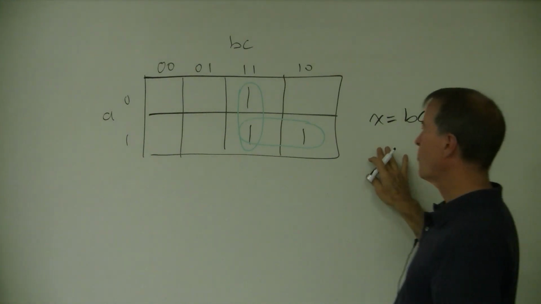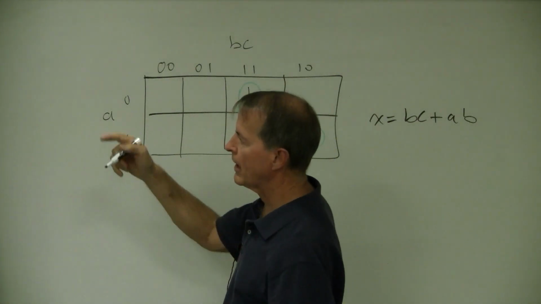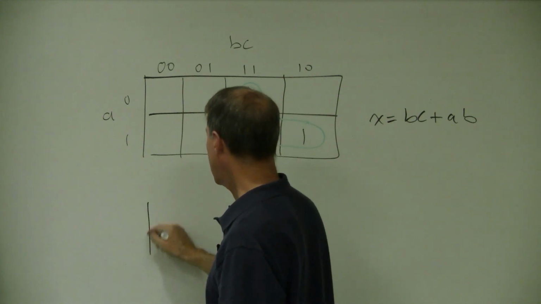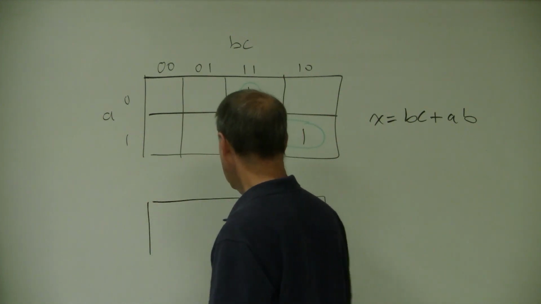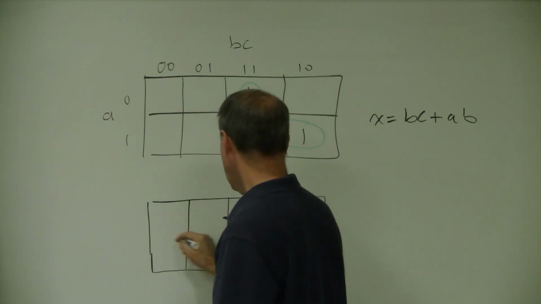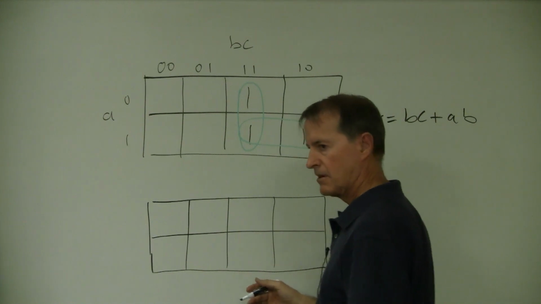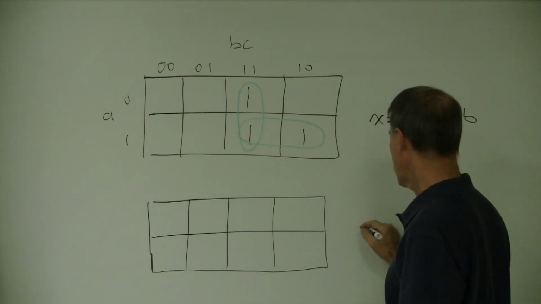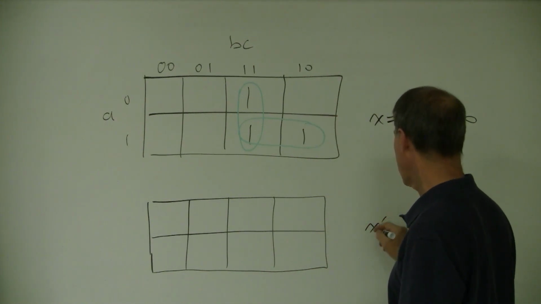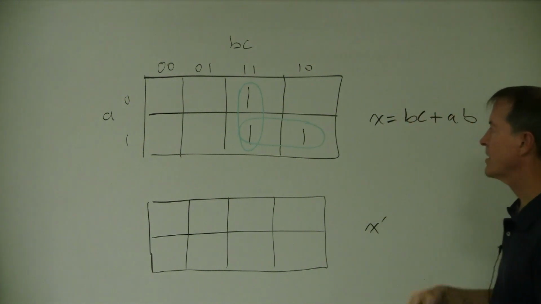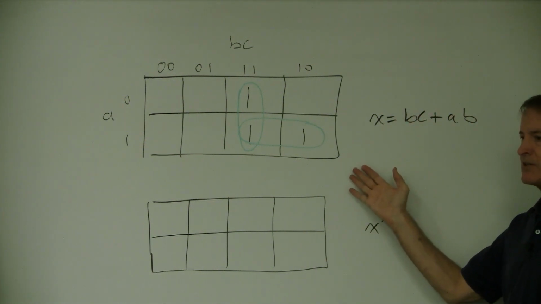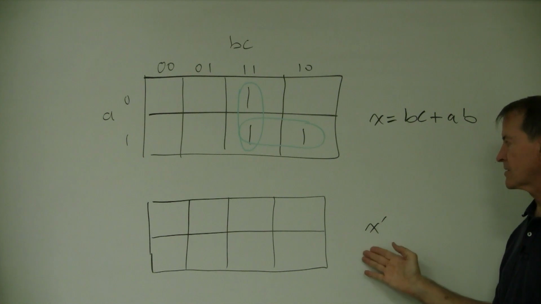Now the way you do an OR-AND is you take the same function, only instead of minimizing it, you minimize its complement. So here, we're going to minimize its complement. Tell me, what is the Karnaugh map for the complement?